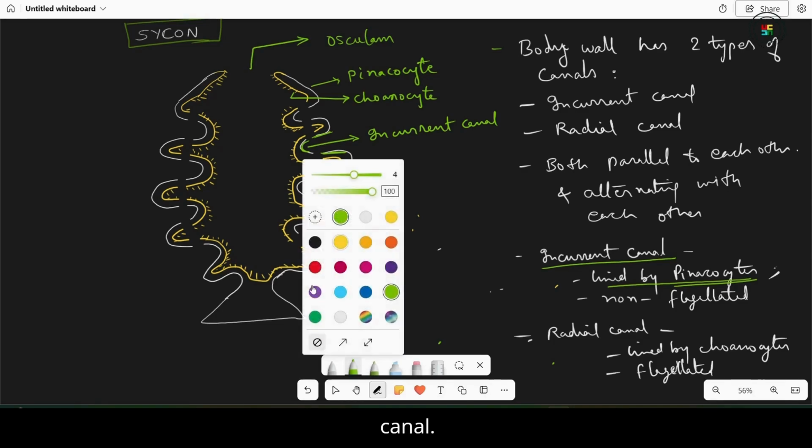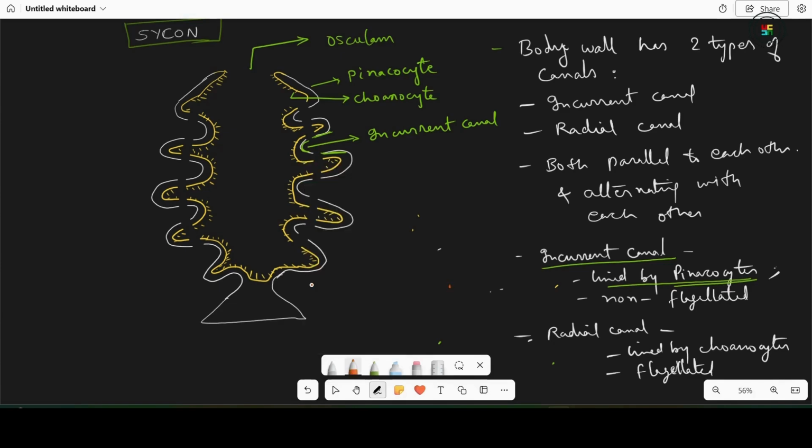And the radial canal, this is the radial canal. It is lined by choanocytes. So you see the choanocytes towards the inside, the flagellated choanocytes, right?